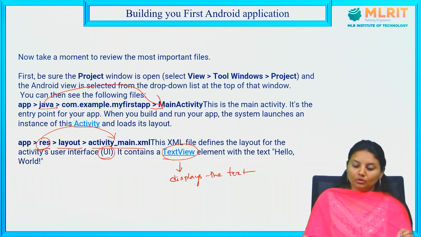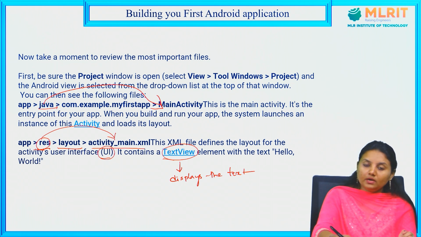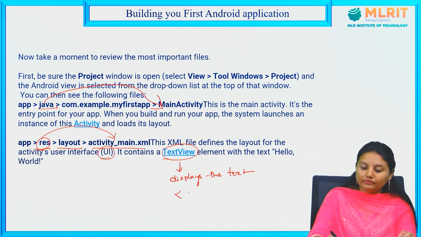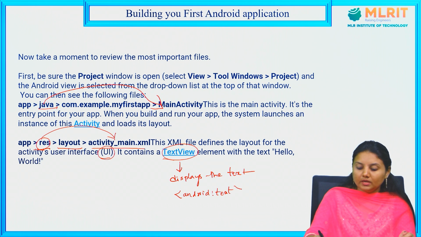Okay. So here android is prefixed to the attributes of your TextView. Attributes like what is the text that you need to display. So under the TextView, we are going to give android:text equals to, what will we be giving?